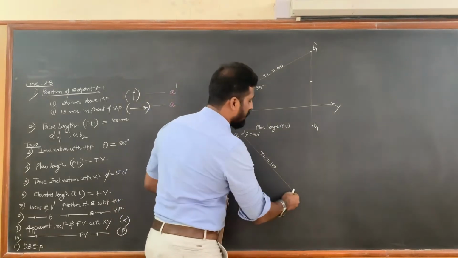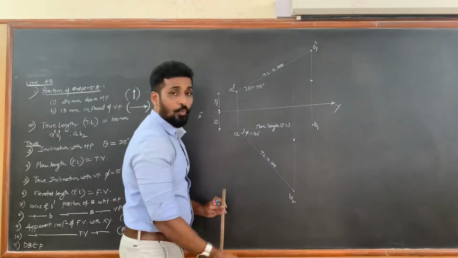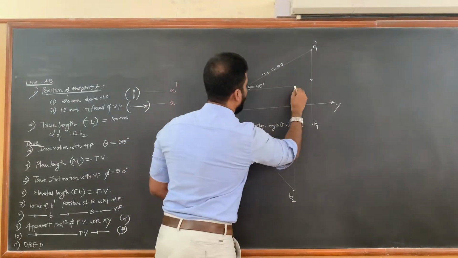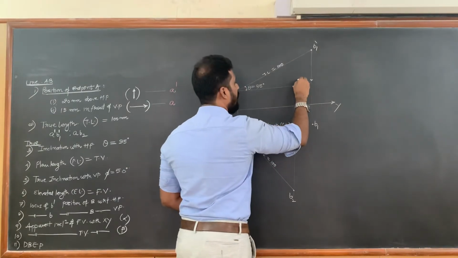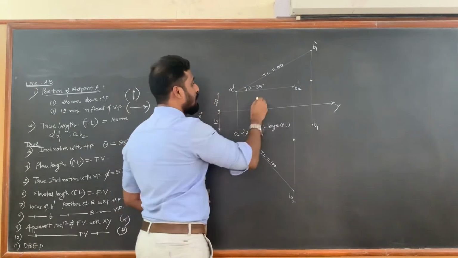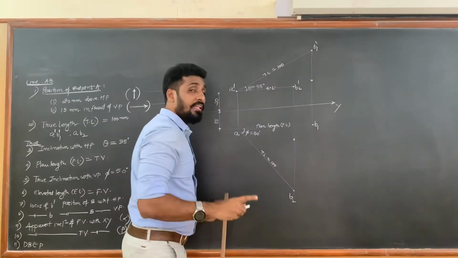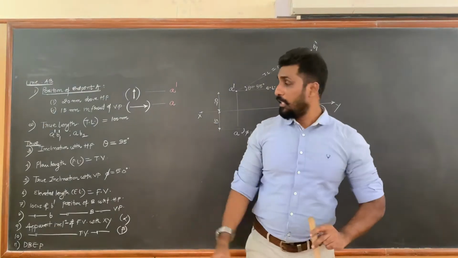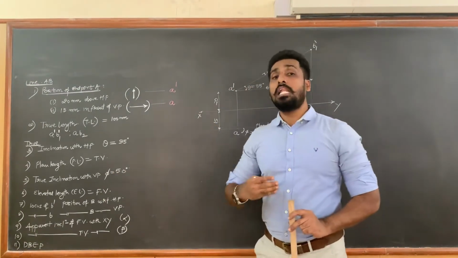So what I'll do here is project B2 in the upward direction. B2 is projected up and you will come and meet A dash. This point will be called B2 dash, and this is now named as elevated length, EL. That's your next data. So elevated length EL becomes one of the 11 data.